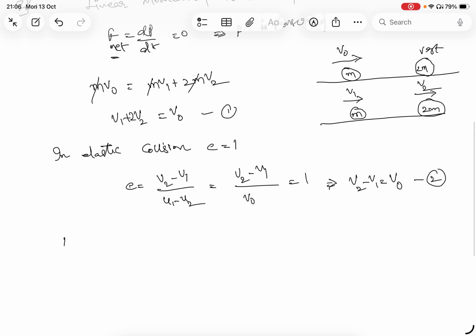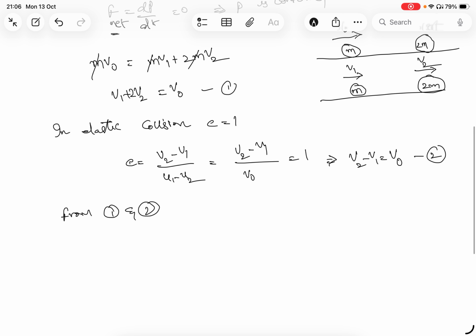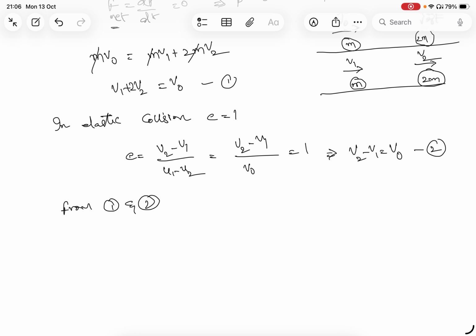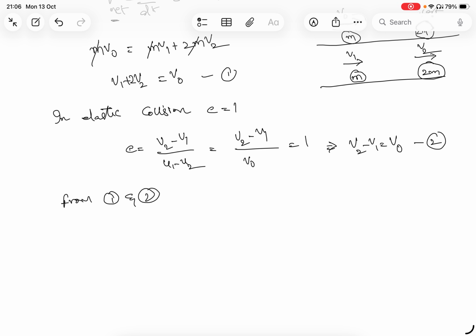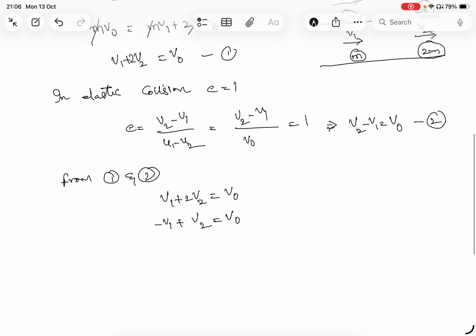So from equations 1 and 2: v1 plus 2v2 equals v0, and minus v1 plus v2 equals v0. Adding, v1 gets cancelled and you get 3v2 equals 2v0.